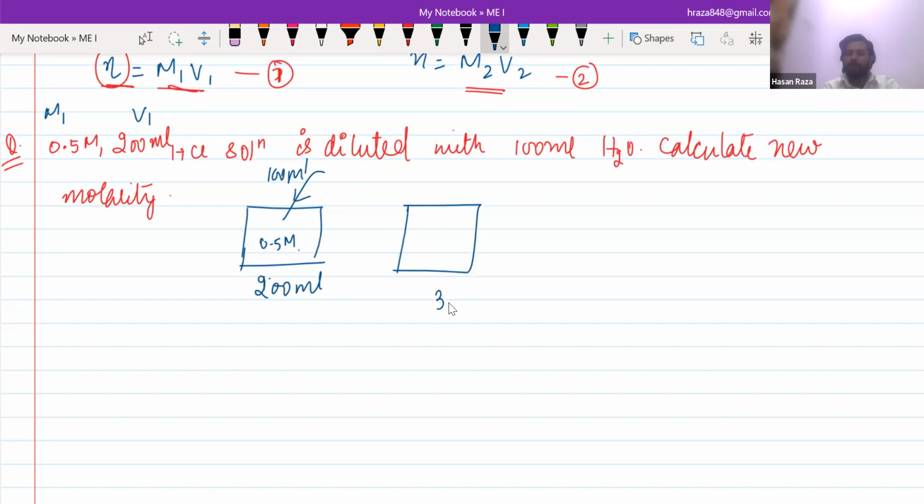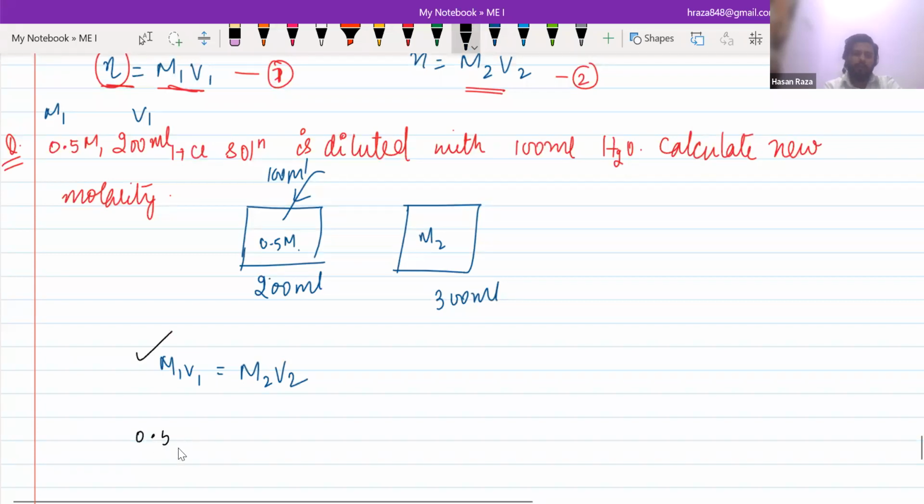So what will be the final volume? It will be 300 ml, right? And we need to calculate M2. So M1 V1 is equal to M2 V2, and you just need to put the value. M1 is 0.5 and V1 is 200 and M2 we need to calculate, and here V2 will be 300.